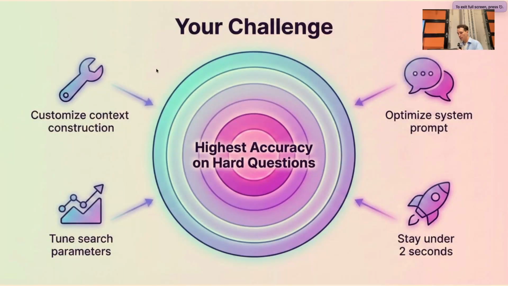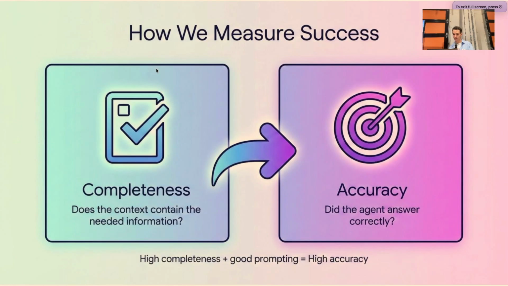Yeah. So, actually, I do want to emphasize first, I'm going to get to your question, don't worry. But I do want to emphasize that there's a difference between the context being complete and the accuracy. We have customers all the time who don't fully appreciate this difference.